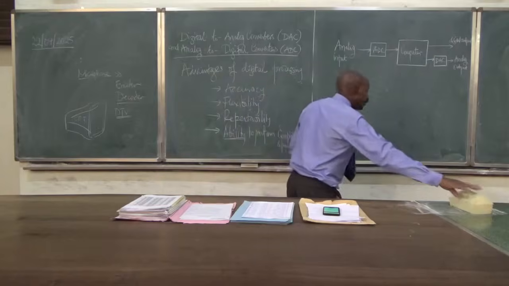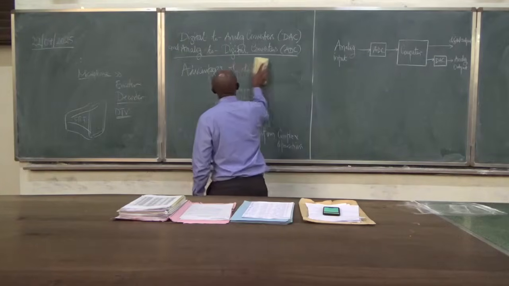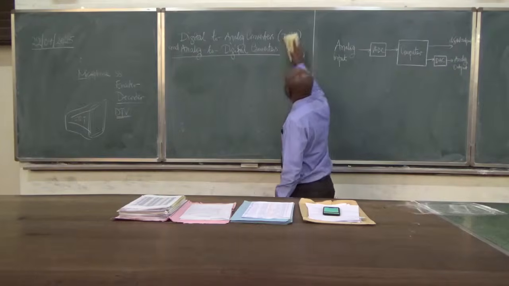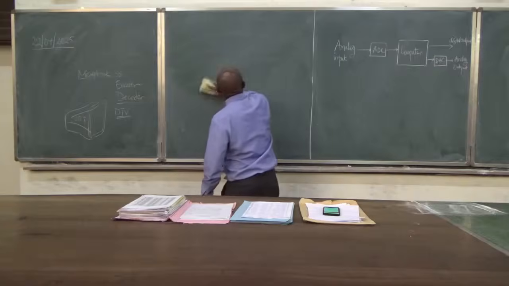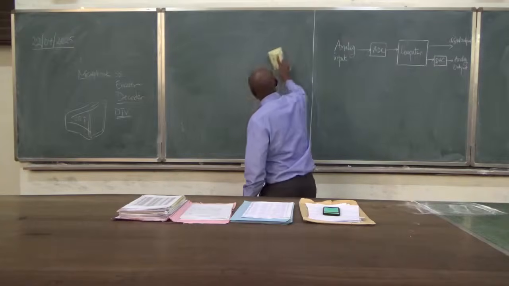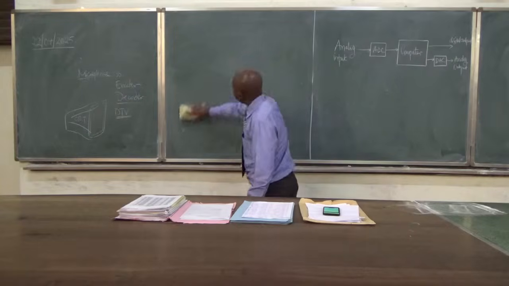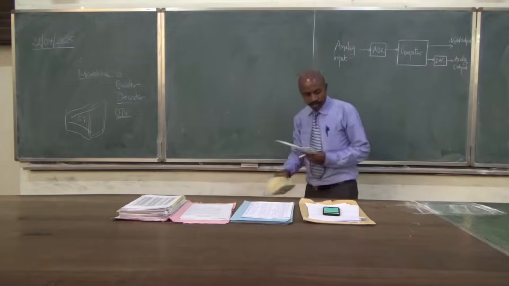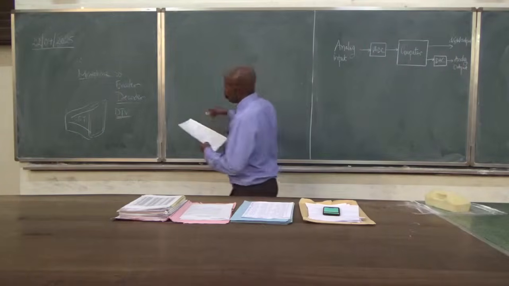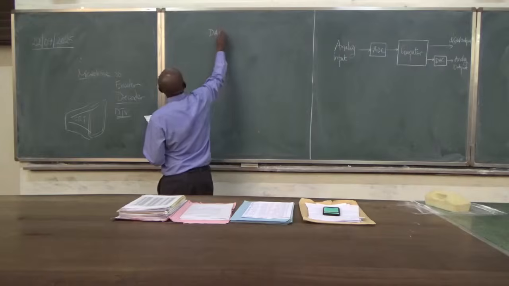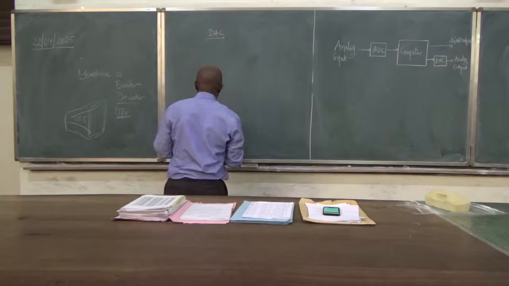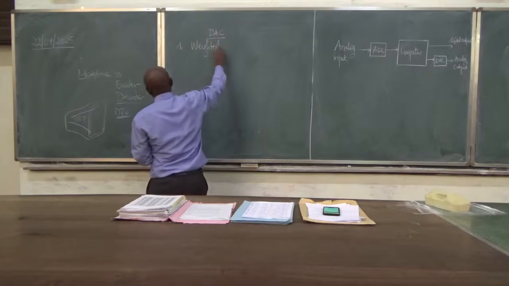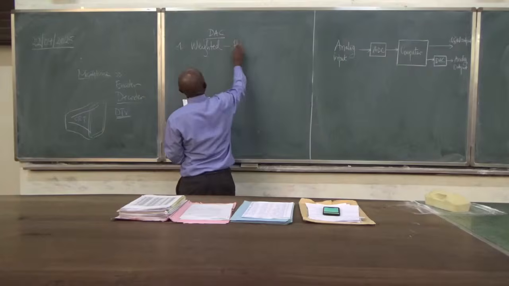So let's start on the DAC, the digital to analog converter. The method we use is the weighted resistor method.